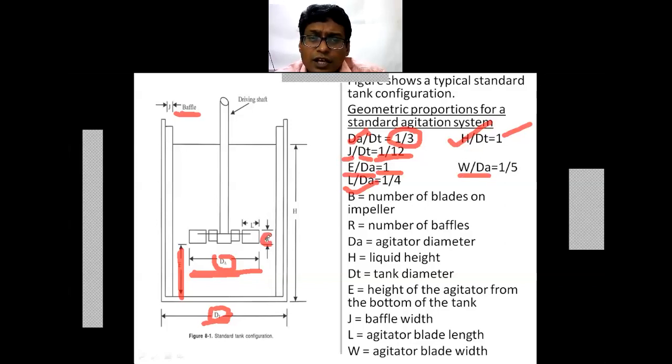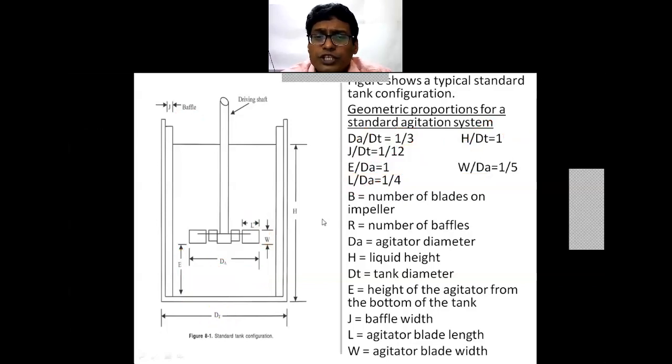W is the height of the impeller blade, and L is the length of the impeller blades. So they have all the correlations used for the general configuration.